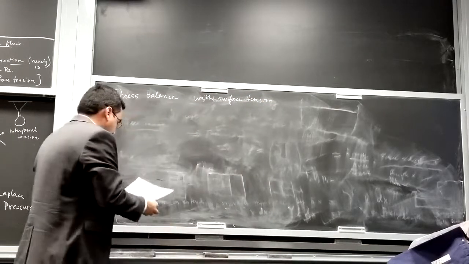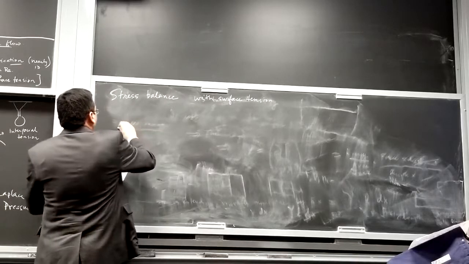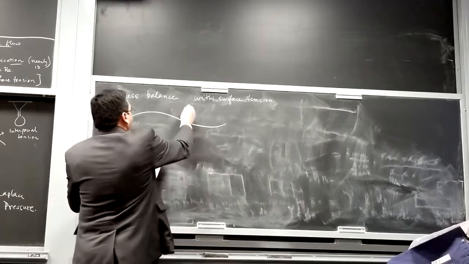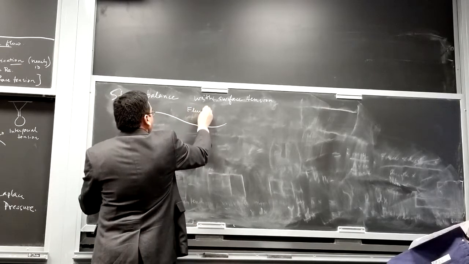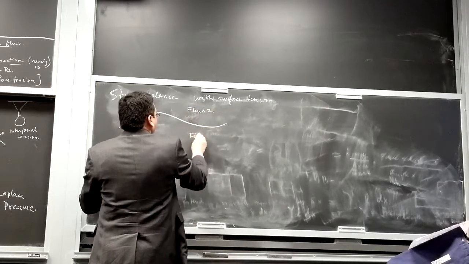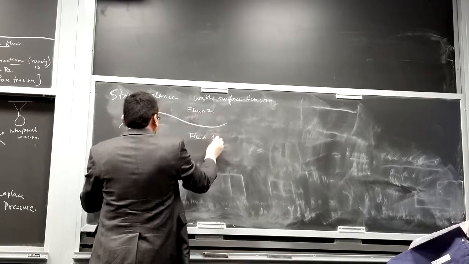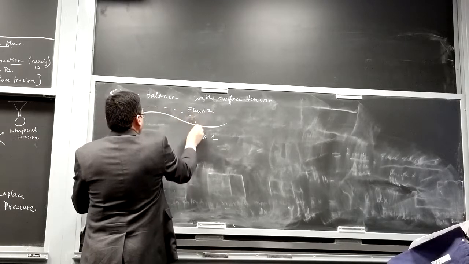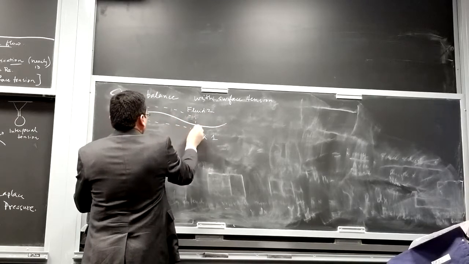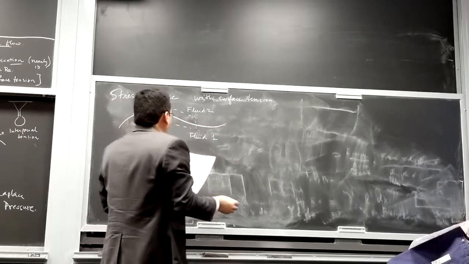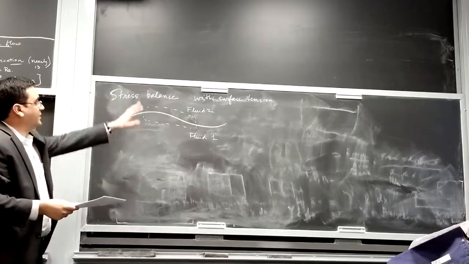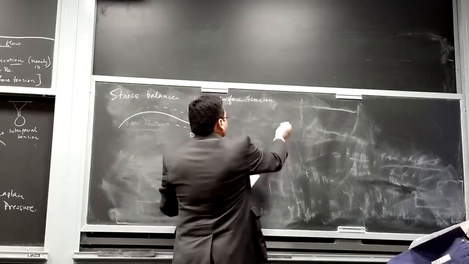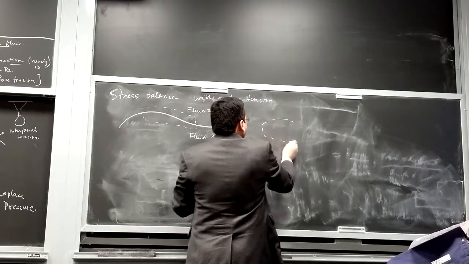The key thing is we again draw the same interface that we had drawn before between fluid 2 and fluid 1, and we again draw a control volume. Now, if I have an interface and I draw a control volume, then this control volume is going to intersect the surface.